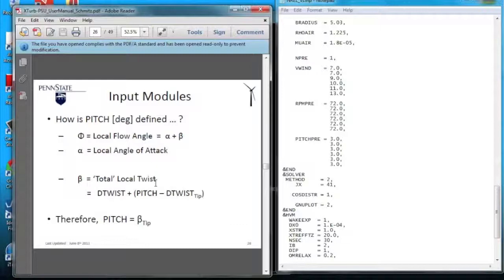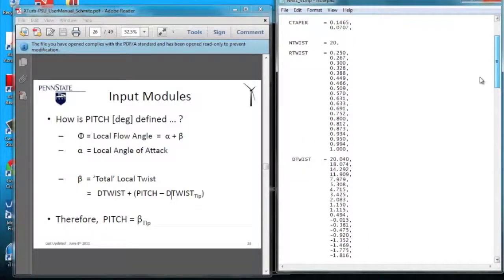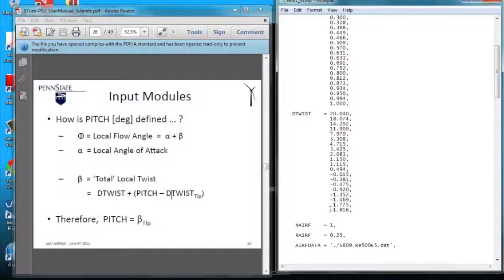So what the code does, it shifts the input twist distribution by exactly the amount such that this negative 1.82 becomes plus 3 at the tip. In other words, it doesn't just add 3 degrees to all the local twist angles, it actually adds about 4.8 degrees, so that the negative 1.8 degrees turn into positive 3 degrees.